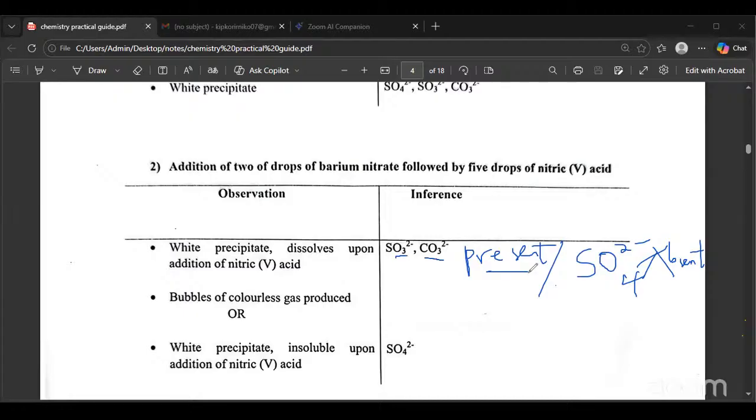But if you have forgotten those two, you write sulfates absent. Sulfite ion. Yeah, this one is sulfite ion. In a sulfate ion.